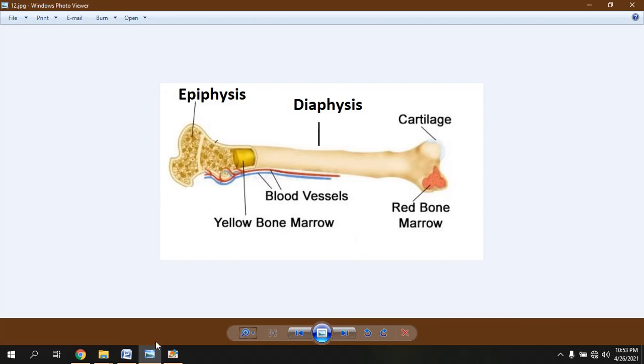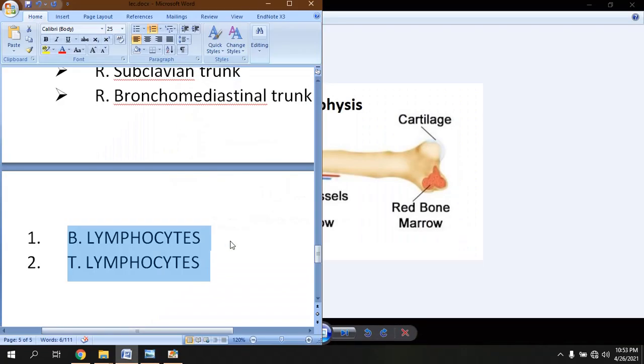Firstly the red bone marrow synthesizes the immature T lymphocyte, which is called the pre-T lymphocyte, and the mature B lymphocyte. It produces the mature B lymphocyte, which is immunocompetent, that can arouse the immune system, that can start immunity against the pathogen.